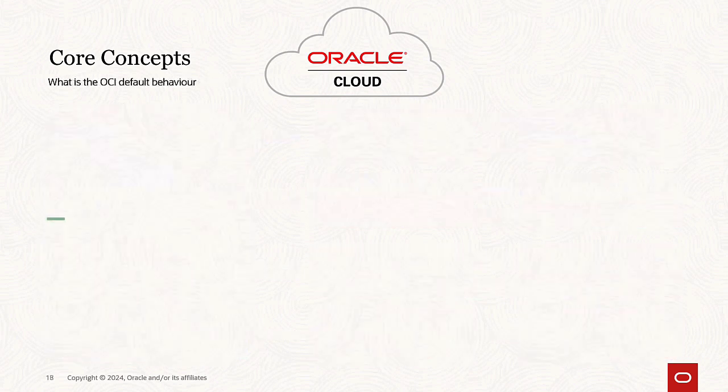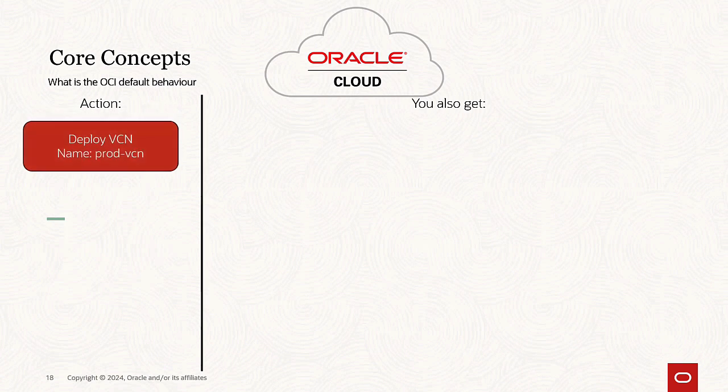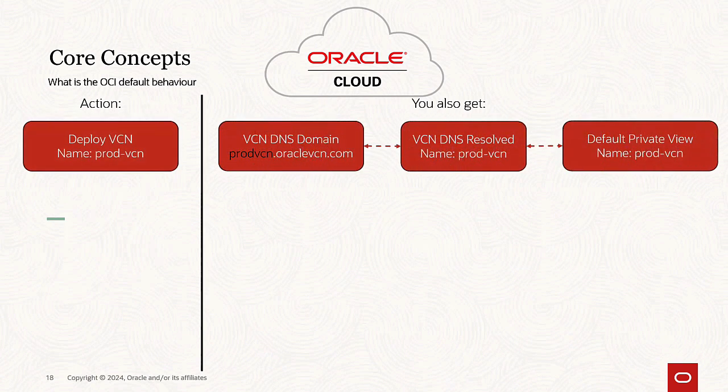Now, let's see what happens by default when we create essential resources in OCI. First, we deploy a VCN with the name prod_VCN. At the same time, the VCN will be created with the following resources: the VCN domain name, which will be prod_VCN.oraclevcn.com.